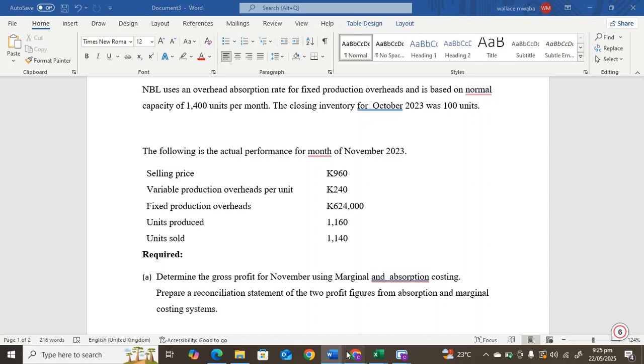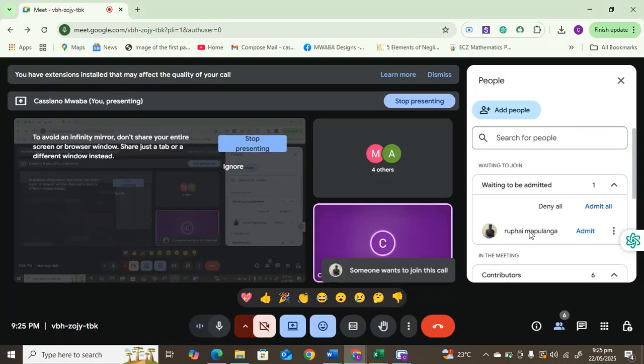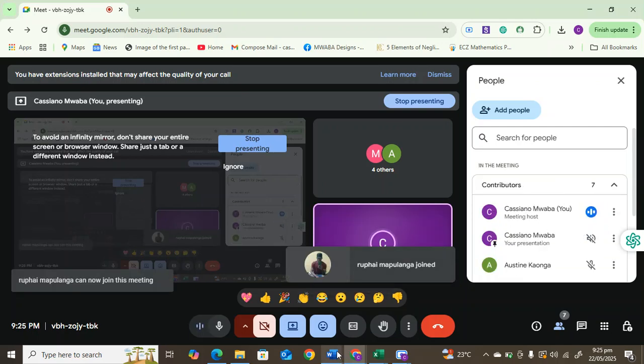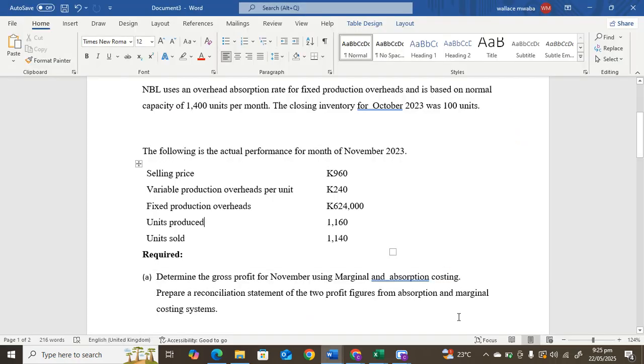So colleagues, what is the difference between marginal and absorption costing? If anybody remembers, what is the difference? You mean the way we treat inventory, how we value the inventory, okay?